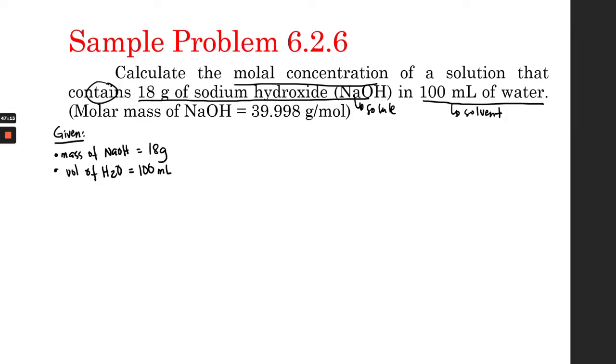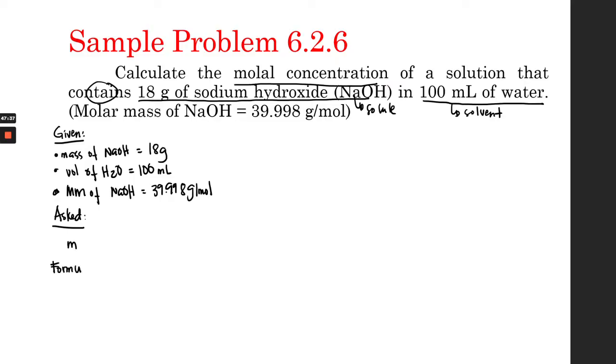And lastly, we are given the molecular mass of NaOH, which is 39.998 grams per mole. What we are being asked is the molar concentration, so the small letter m.